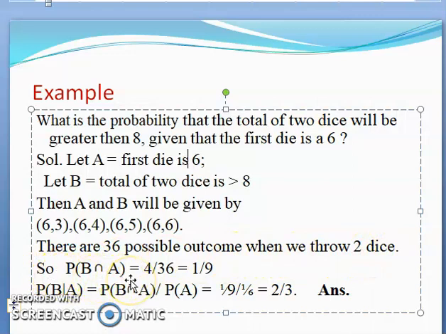So probability of B intersection A equals 4 by 36 equals 1 by 9, and probability of B given A equals probability of B intersection A divided by P(A), equals 1 by 9 divided by 1 by 6. It becomes 2 by 3.